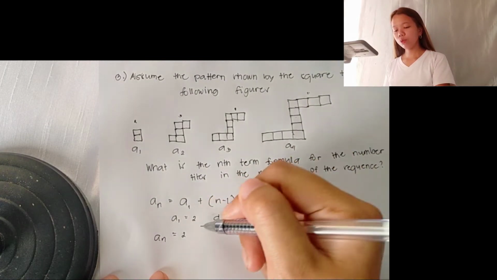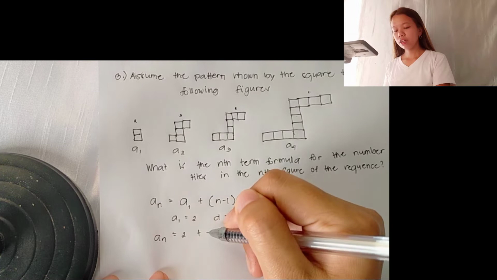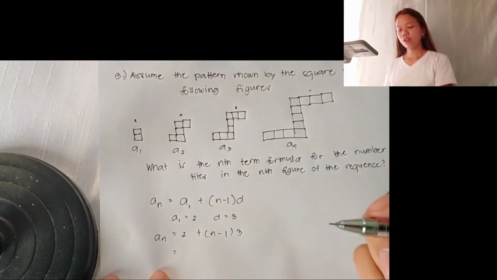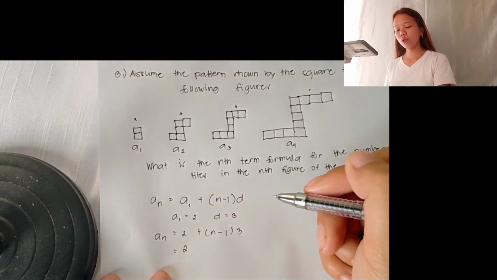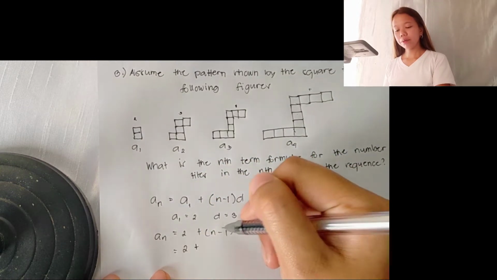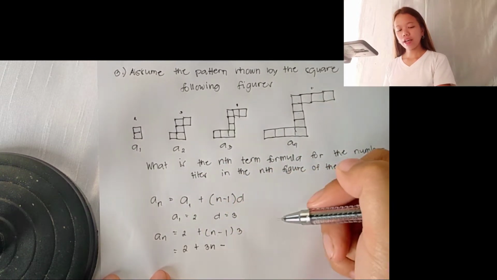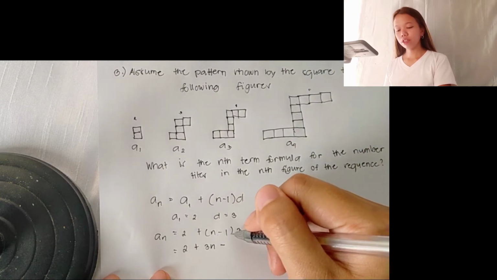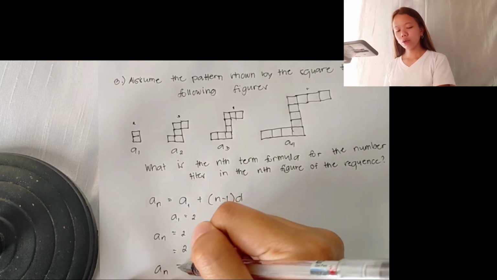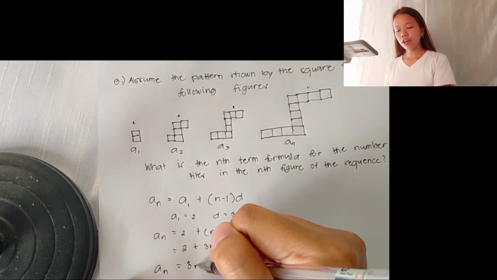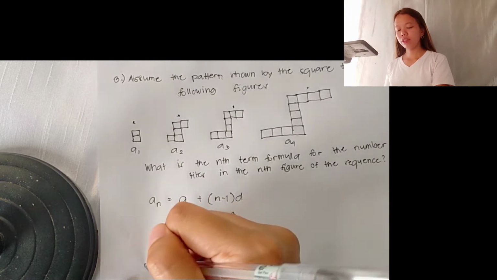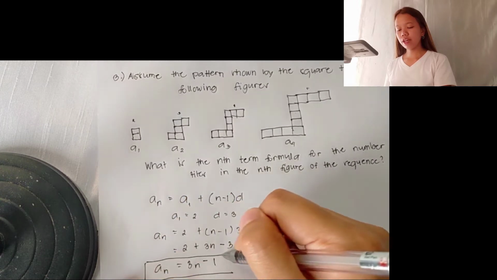So this will become 2 plus (n minus 1) times 3. So let's answer this. 2, 3 times n, 3n, and minus 3. So a sub n is equal to 3n minus 1. So this is the nth term.